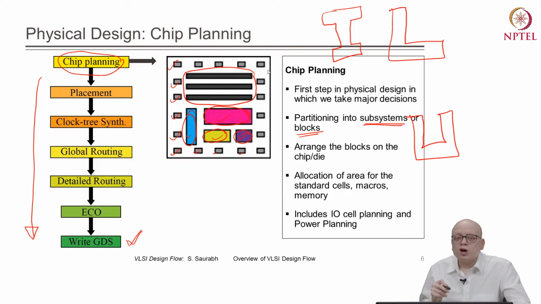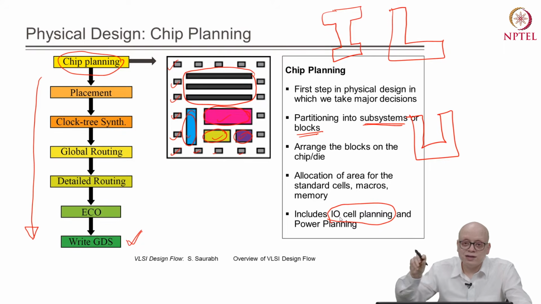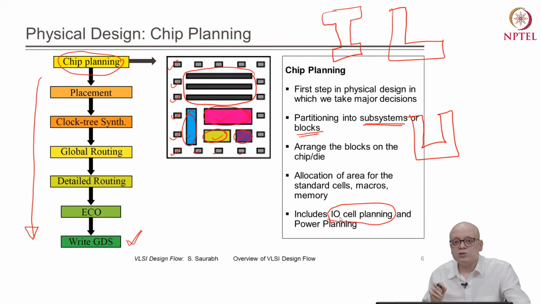So there may be a lot of flexibility in where the IO cells should be placed on the layout. So the chip planning stage is a stage in which we also plan our IO cell placement. We say that these are the locations where the IO cells will be, and from there the signals will be driven to the rest of the circuit.